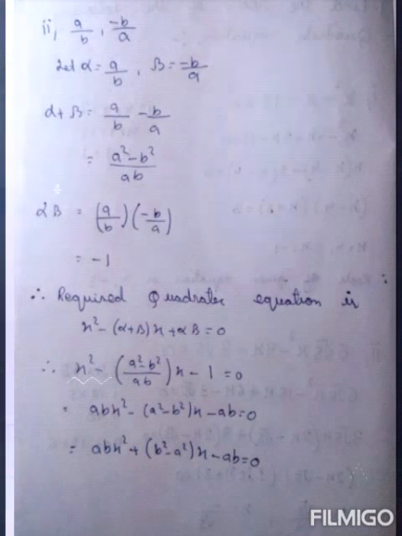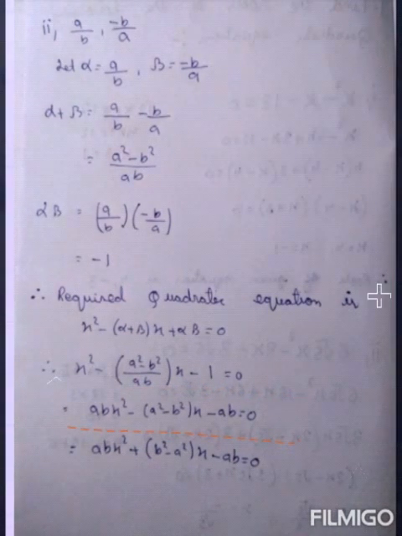Substitute the alpha plus beta and alpha beta values here, and take LCM ab, then you get ab x square minus (a square minus b square) x minus ab equal to 0, and you can also write this equation as ab x square plus (b square minus a square) x minus ab equal to 0.